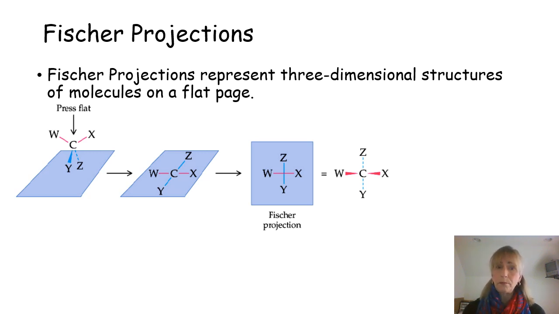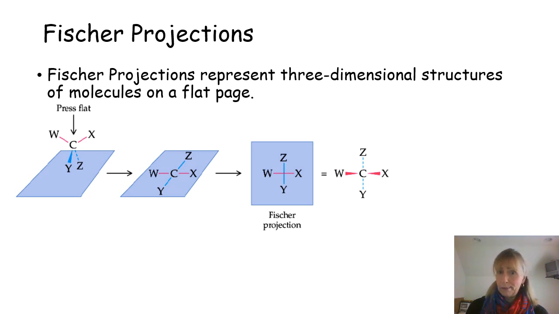Now let's flip it up so that we're looking at it. And here it is. This is a Fischer projection. We've taken a molecule that's in 3 dimensions, and we're representing it as being flat on a page. So when you see this flat molecule, you have to interpret it as follows.